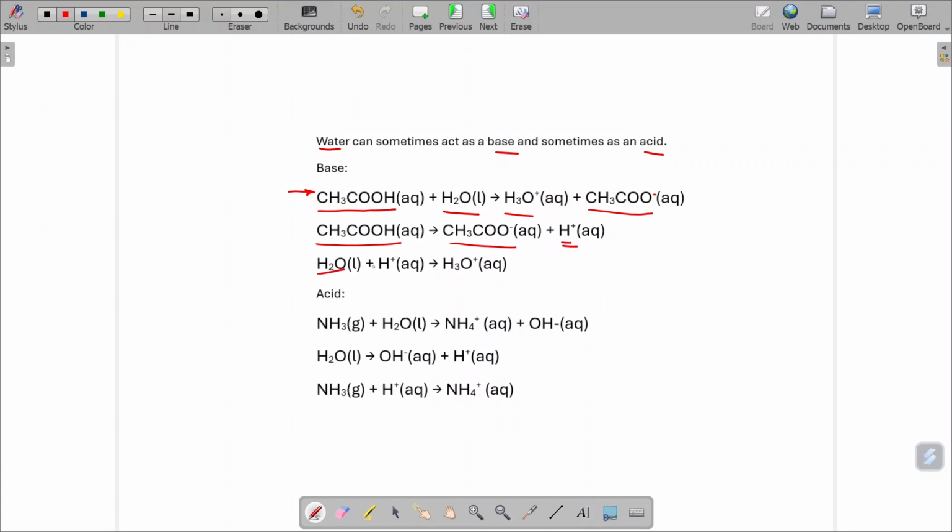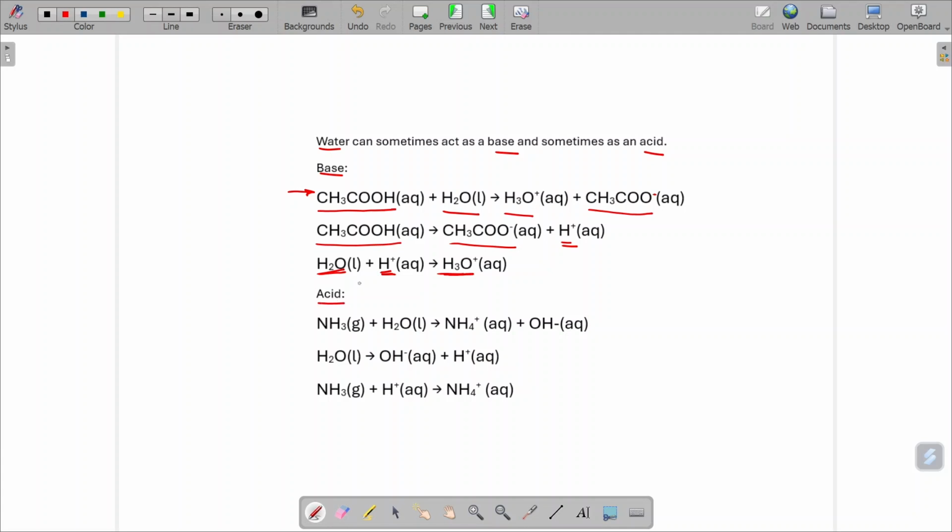The water then can react with the proton to form a hydronium ion in this solution. So in this case, the water has accepted a hydrogen ion or a proton and has formed a hydronium. So because the water has accepted a proton, it is a base, according to the Bronsted-Lowry definition.